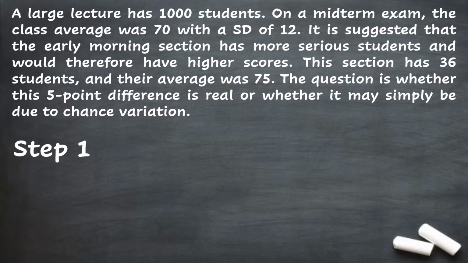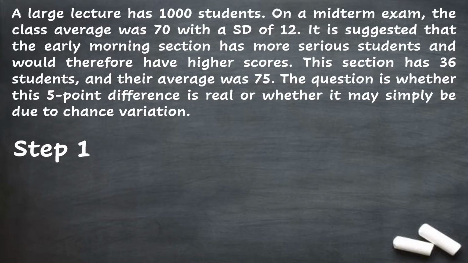So, let's look for the factual statement as well as the researcher's claim so that we can have a basis in constructing the null and alternative hypotheses. On the second sentence, we have on a midterm exam, the class average was 70 with an SD of 12.